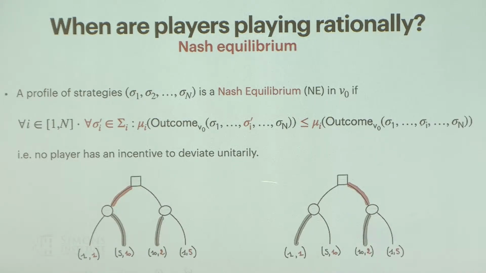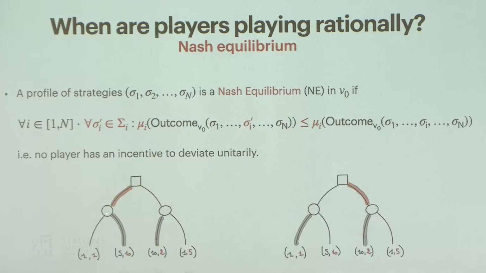And so I claim that the two strategy profiles that I've highlighted here are Nash equilibria. Let's take the first one. Here you see that we go there and then we go there. So the outcome of this Nash equilibrium is 5 and 10. If the square player would deviate from this, he would get 2 instead of 10, so no incentive to do that. So this is okay for the square player.